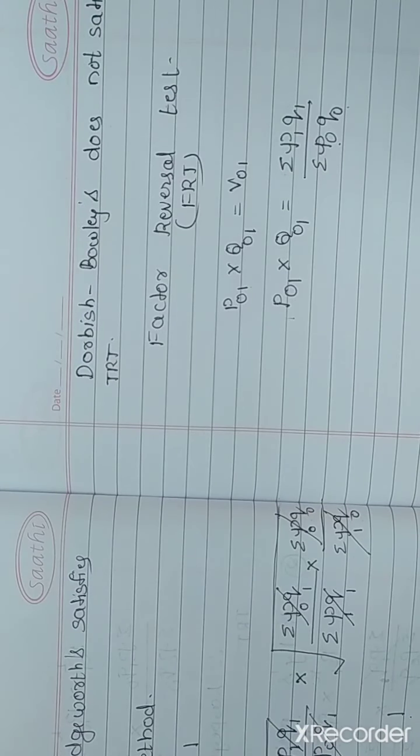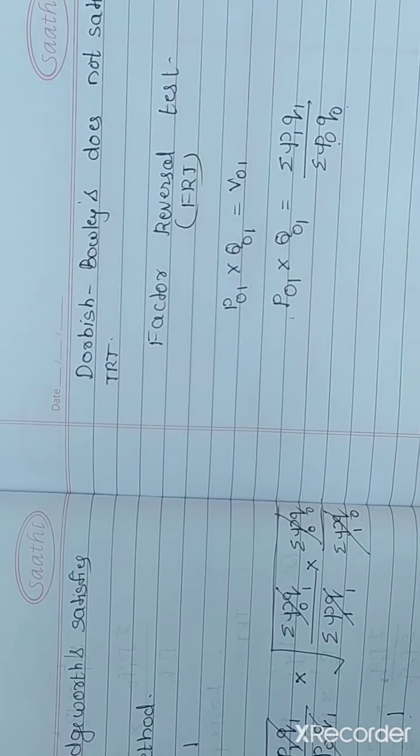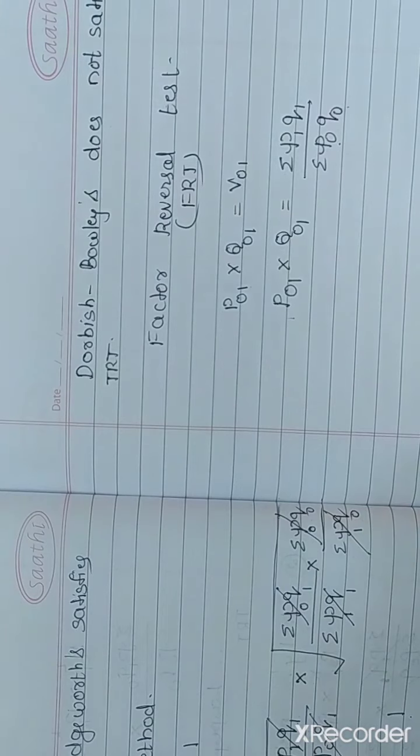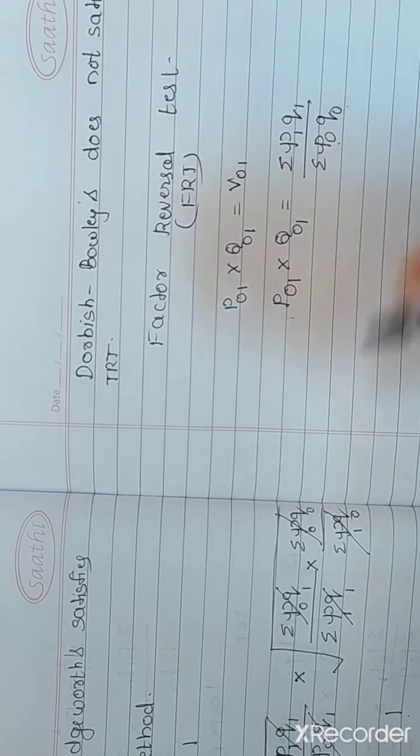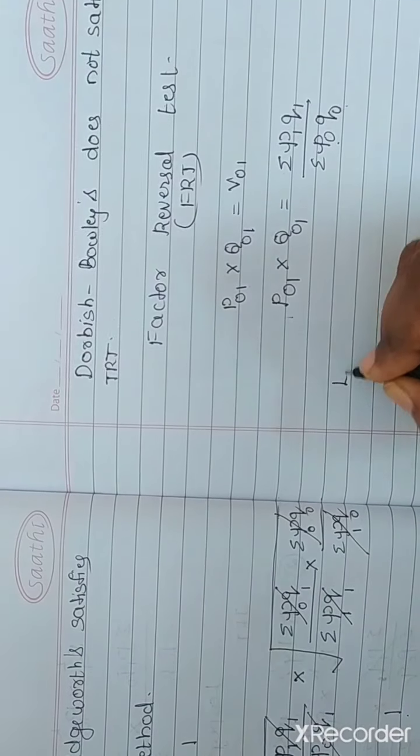That is P01 into Q01 is equal to summation P1 Q1 divided by summation P0 Q0. So we consider Laspeyres' method. We verify whether it satisfies the factor reversal test or not. So you should remember this condition. Now we consider Laspeyres'.